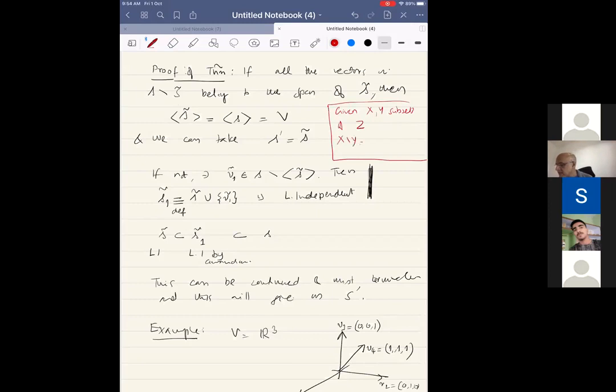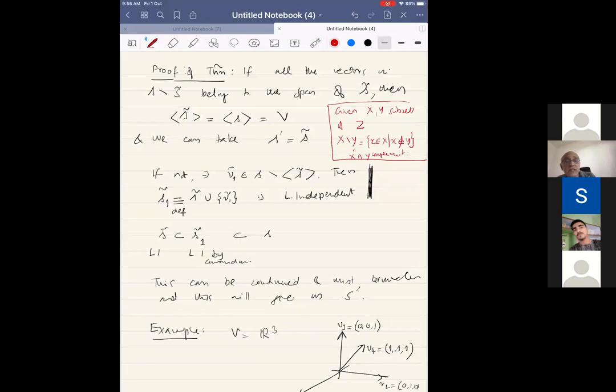X minus Y is the set of x in X such that x is not in Y, which is the same as X intersection Y complement.